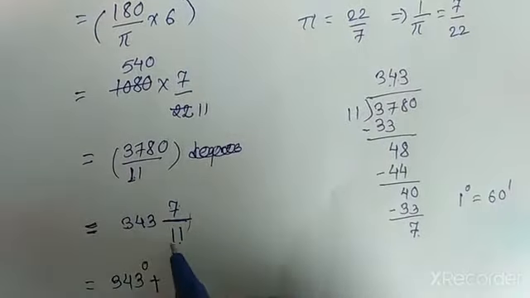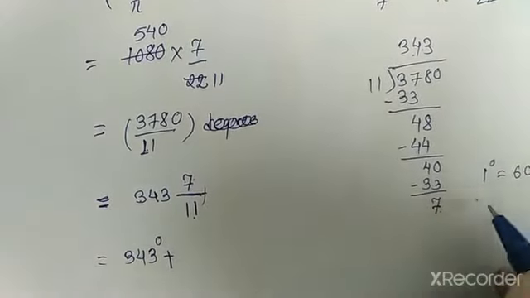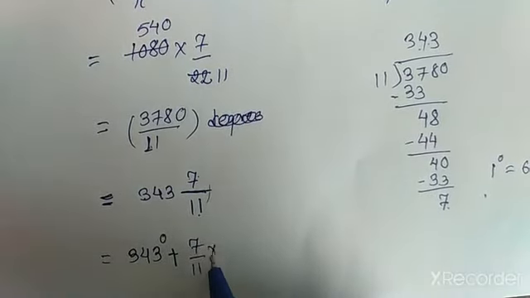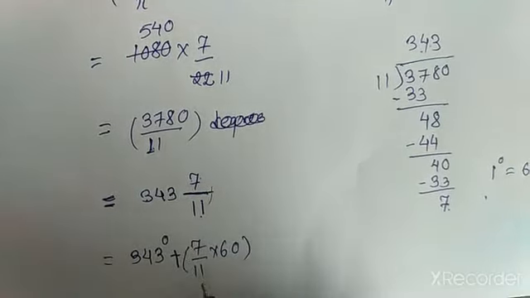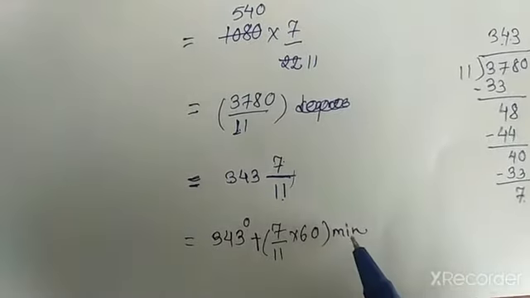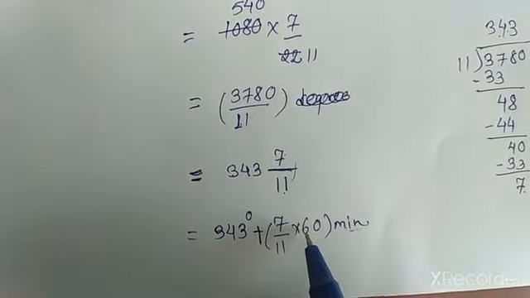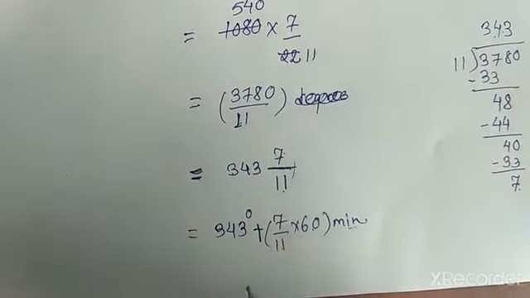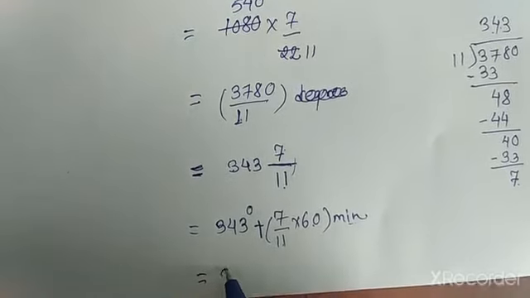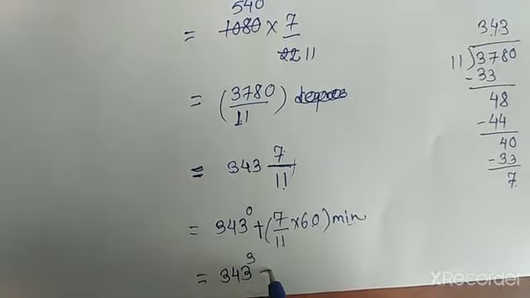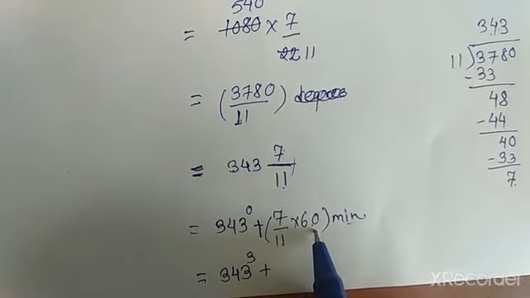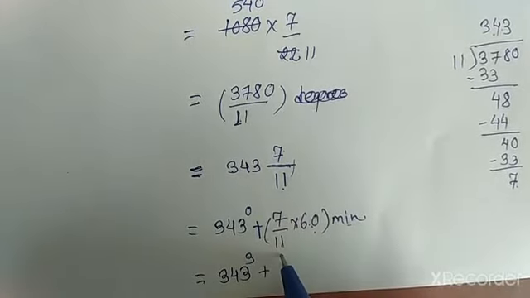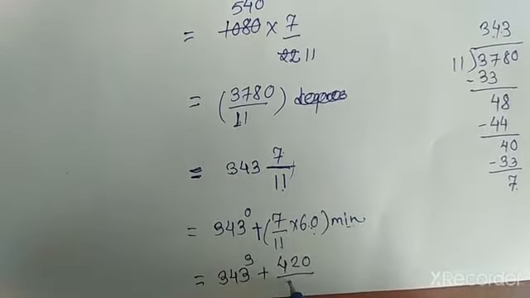So here 7 upon 11 multiplied by 60, which is in minutes. Again it is 343 degree, plus 7 upon 11 into 60, which is 7 6s are 42, 420 divided by 11 minute.